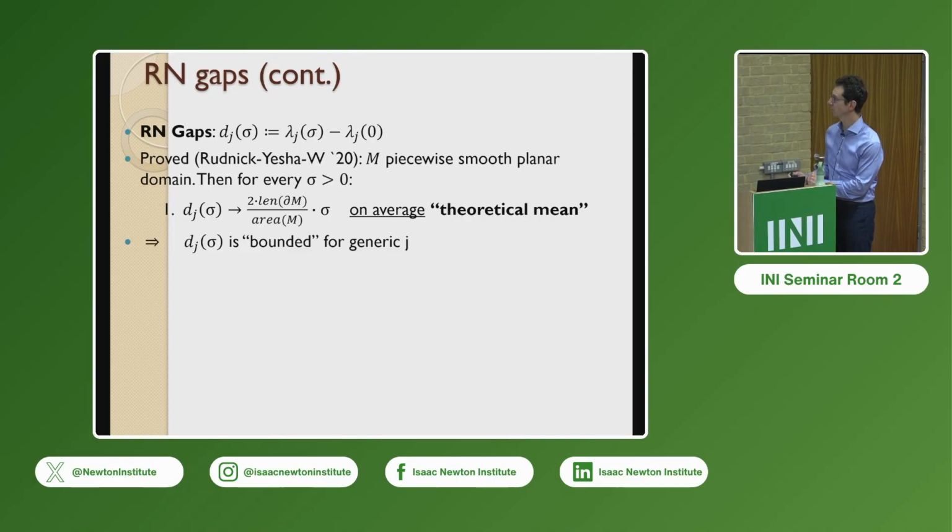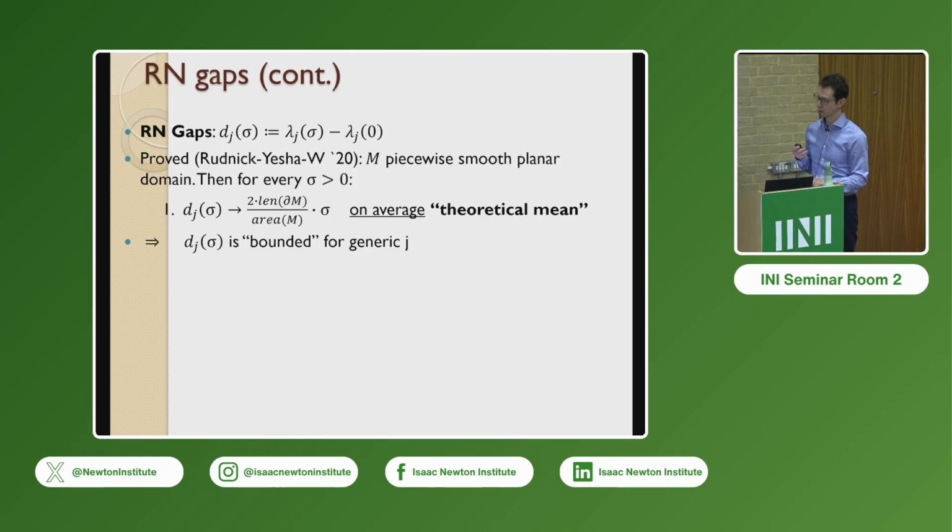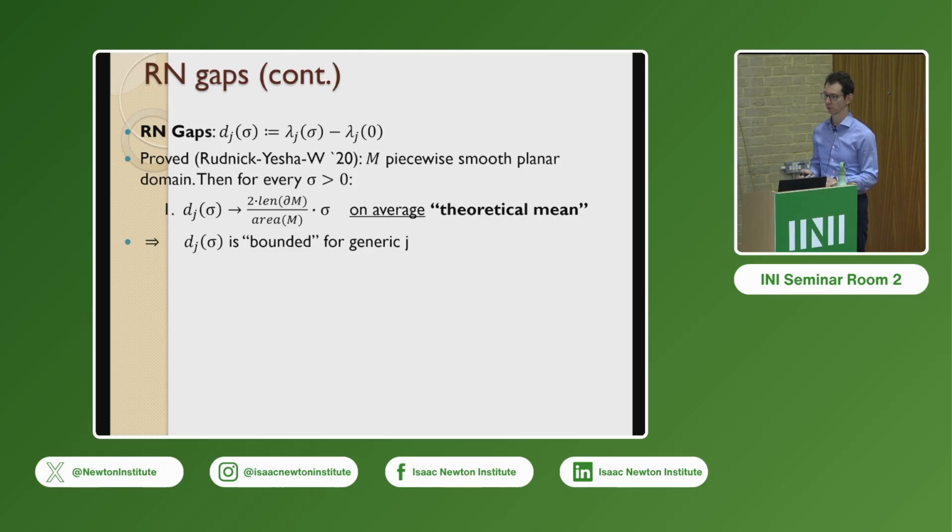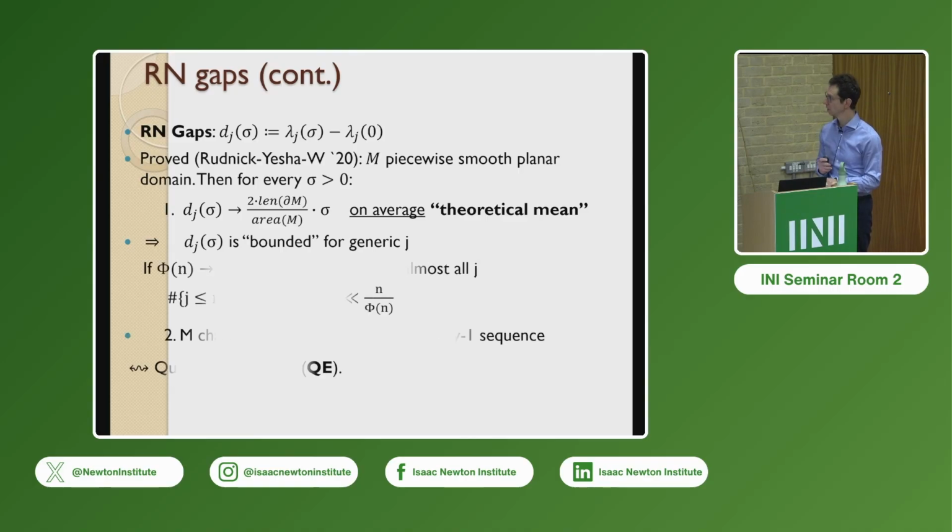And the theoretical mean, let's imagine that sigma equals 1 here, is twice the length of the boundary divided by the area of the surface of the billiard. In particular, we can infer that these numbers d_j(sigma) are essentially bounded for a density 1 sequence of j.